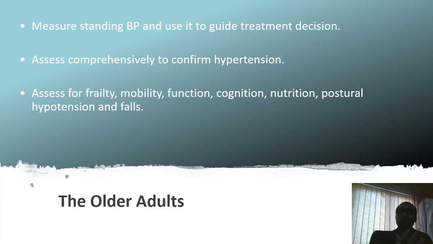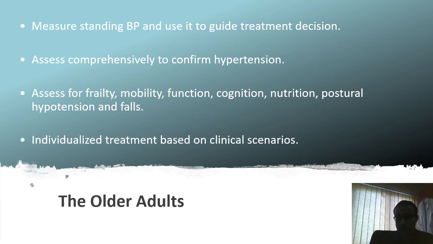Assessing for the common problems in the elderly and their potential association with the antihypertensives used is also a point to be considered: the risk of falls, frailty, and postural hypotension associated with some classes of antihypertensives. The approach should be individualized as much as is applicable in the clinical scenario.